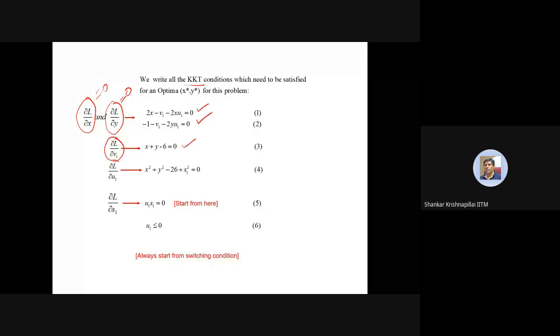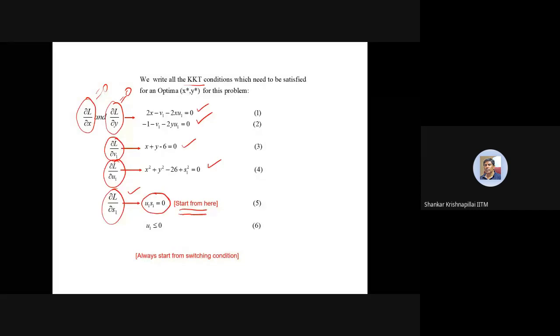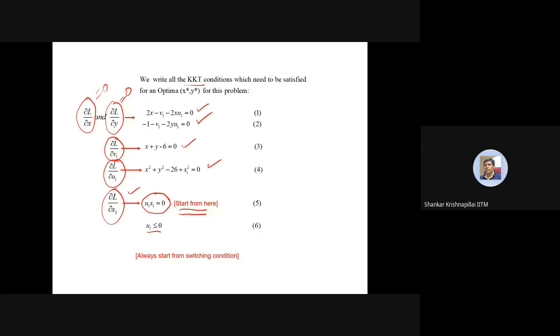This will give the switching condition. So start from the switching conditions. And then lastly, the value of u should be either 0 or negative. Why u can be negative, we'll see later. You have to start from here.